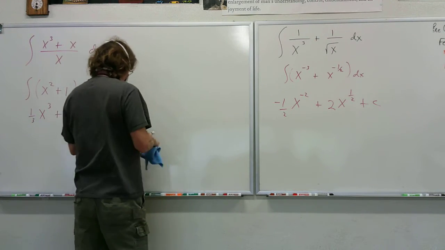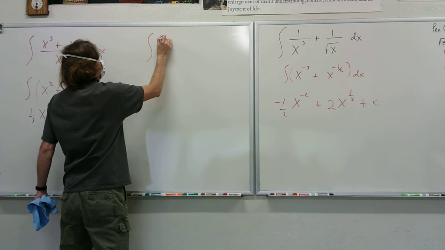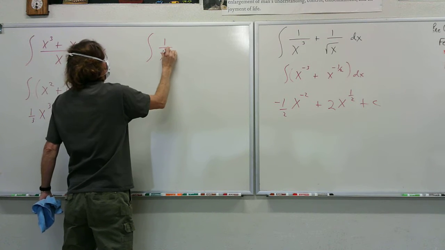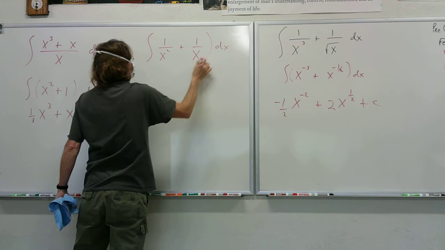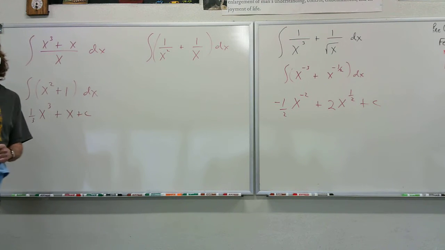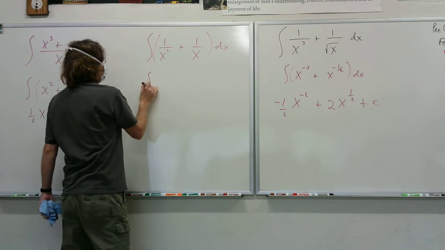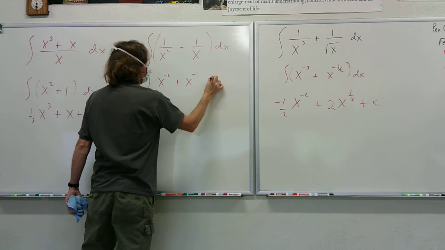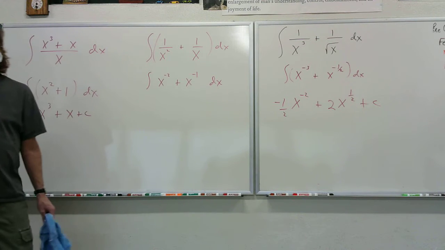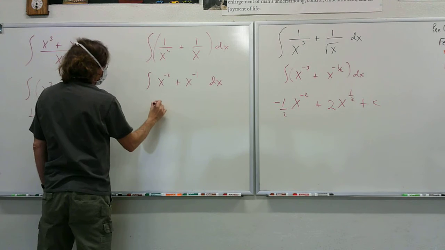Now, here's the problem. We're going to rewrite that as x to the negative 2 plus x to the negative 1 dx, and we're going to use our rule. Add 1 to that, get x to the negative 1.